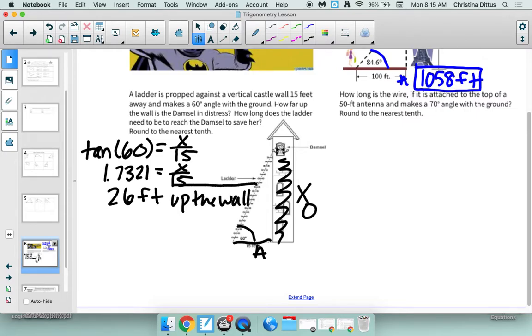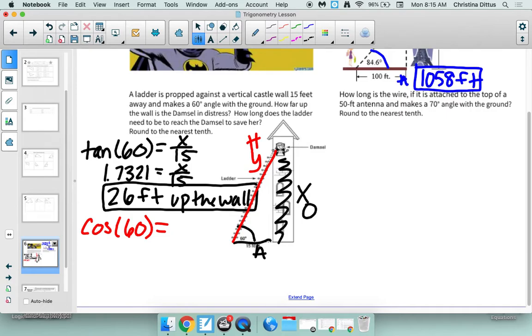The second question it asks is how long the ladder needs to be. So now I gotta find the ladder. Well, the 15 is still adjacent. Should I use this x? No, I should use the y. How does the y relate to my angle? It's the hypotenuse. So am I using tan? No, I got cosine of that same angle. 15 over y or y over 15? 15 over y.